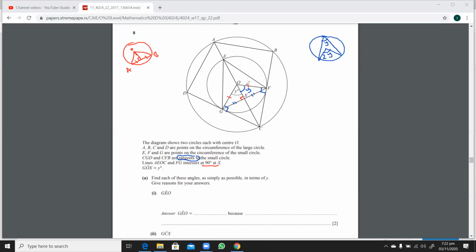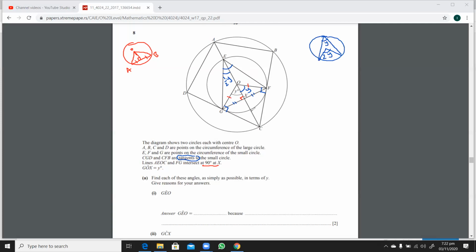That is just 2y. So all of this angle is going to be y, and since we are looking for this angle, this angle will be half y. Did you understand this? The angle GEO, why it is half y?